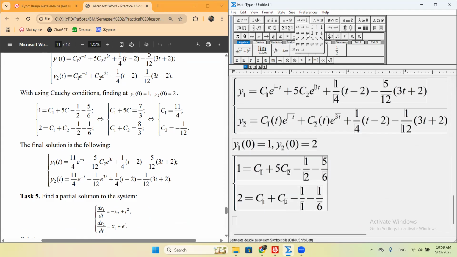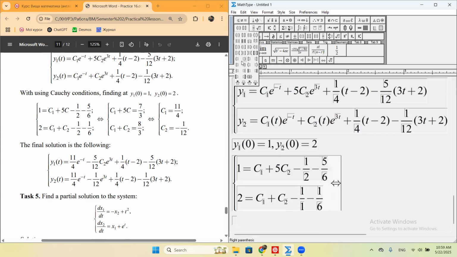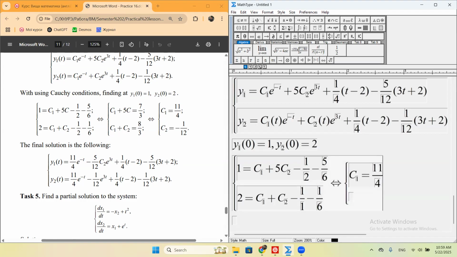So I will just write down the solution of this system of linear algebraic equations. So C1 equals 11/4, and C2 equals minus 1/12.